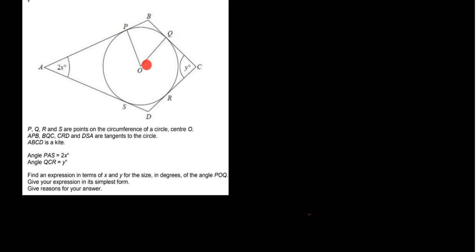Alright, let's get started. This is a very nice and interesting question. Firstly we need to know some properties of a kite. A kite is a quadrilateral, a four-sided shape where you have two pairs of adjacent sides that are equal. Adjacent means right next to each other.